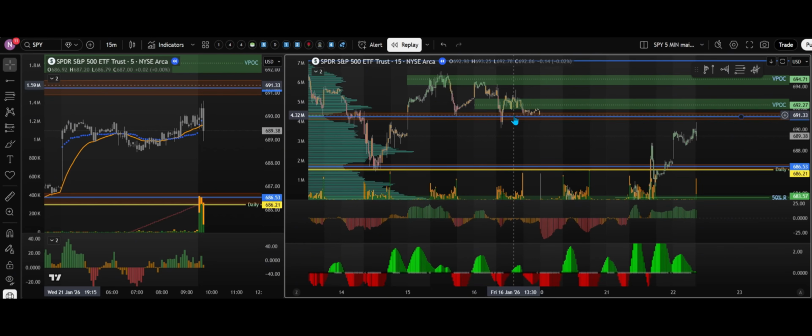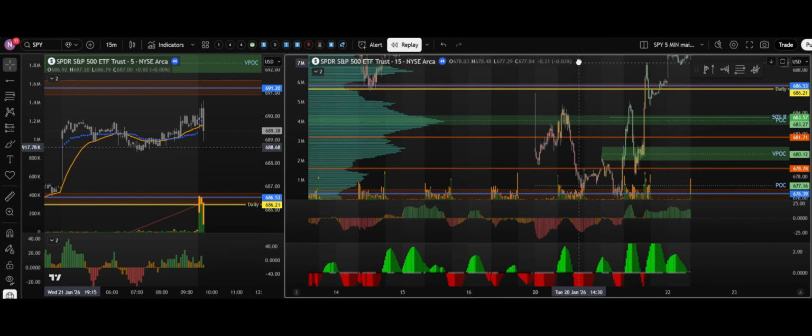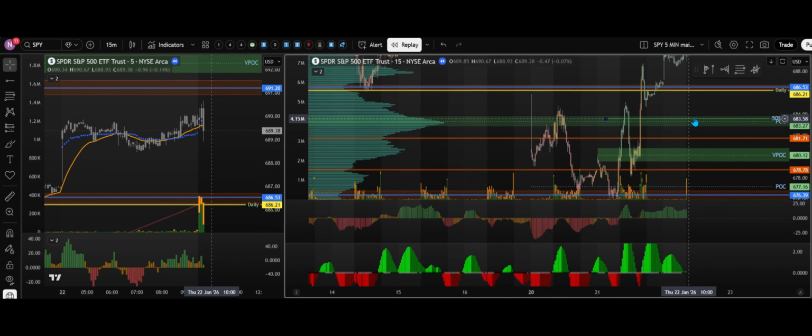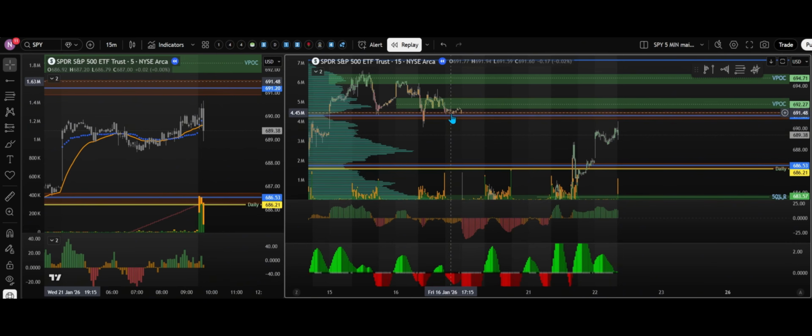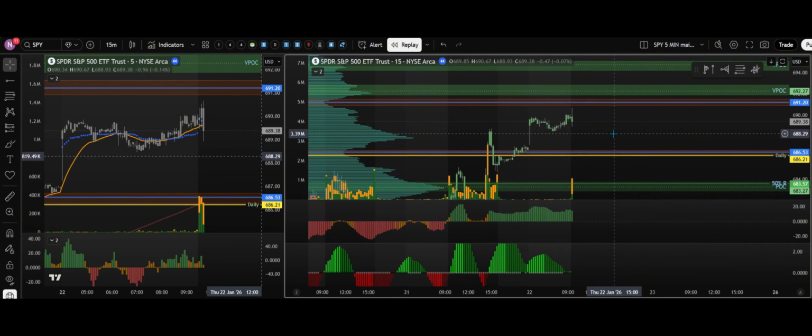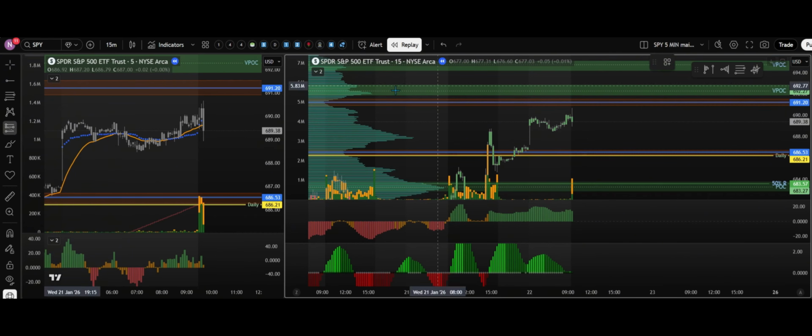If you think about it from a psychology perspective, they got trapped holding longs during this huge sell-off. We're now retesting that space where they've probably been trapped. They probably want to exit at break even. That's another reason this indicates to me that maybe we are going to fail this low volume node. So we're going to try a short opportunity here.